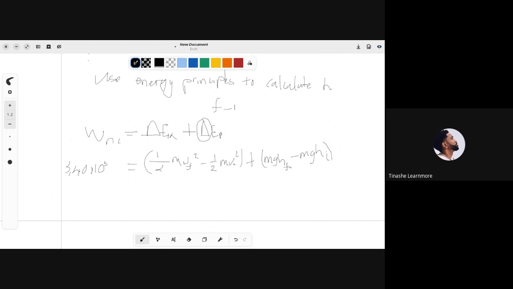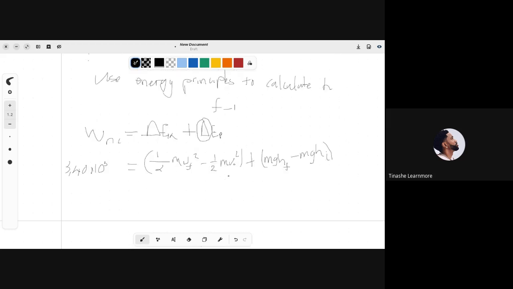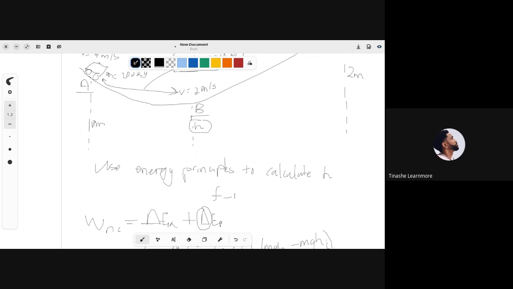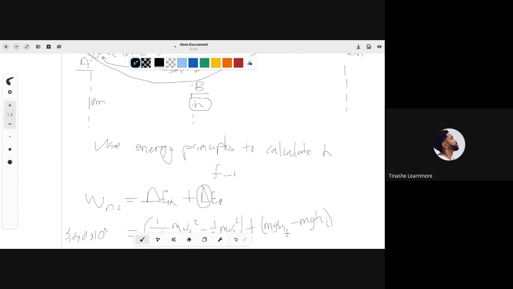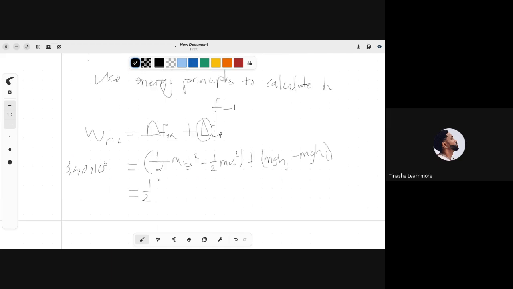One thing we do know is that it is traveling from A to B. Because of that, I'm going to have that as the initial height and the final height being the H. So let's make the substitutions. Here I'm going to have a half, and then the mass is 200 kilograms.